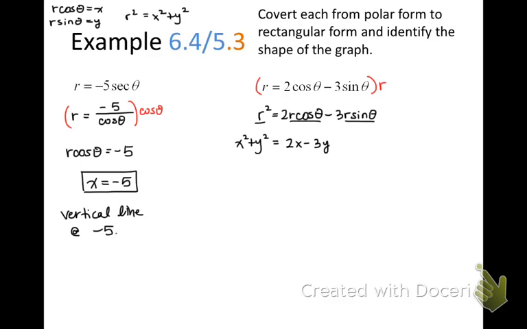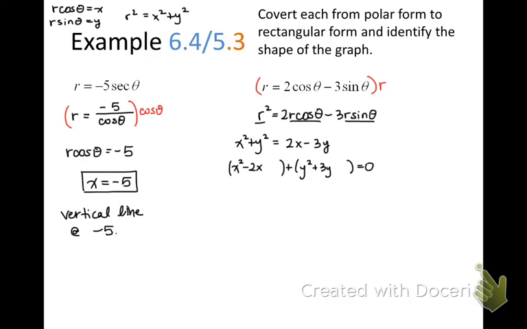Yep, you complete the square. Very good. So to complete the square, we need to put our x's together and our y's together. So I am going to group x squared minus 2x together, and I am going to group y squared plus 3y together. And this stuff is now equal to 0. But I wanted to complete the square.